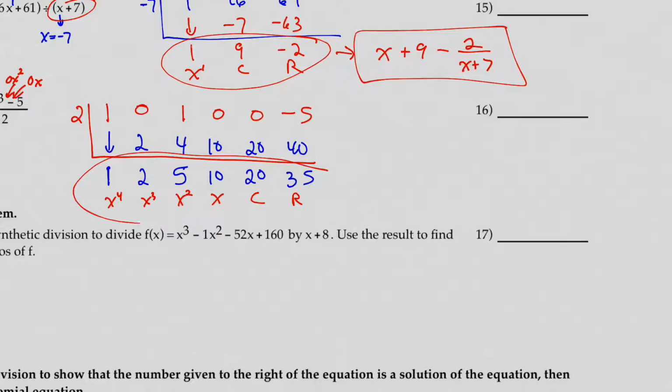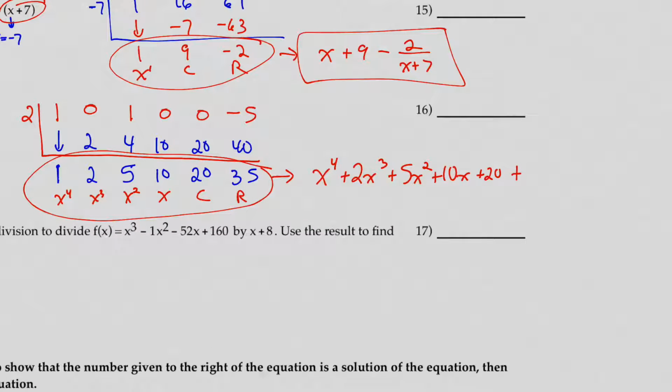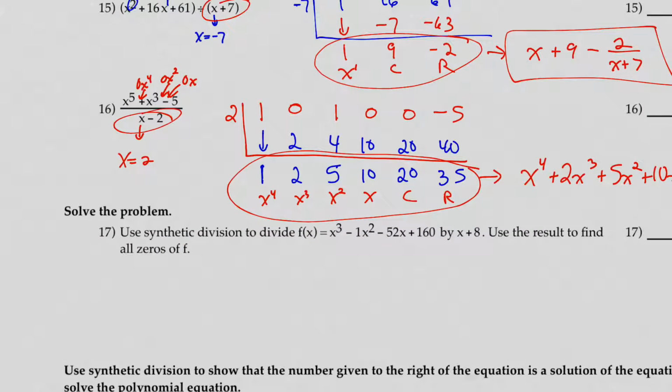So we're going to take this and translate it to our answer, which is going to be x to the fourth plus 2x to the third plus 5x squared plus 10x plus 20 plus 35 over the binomial x minus 2.